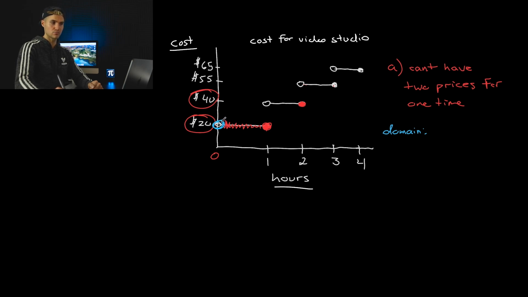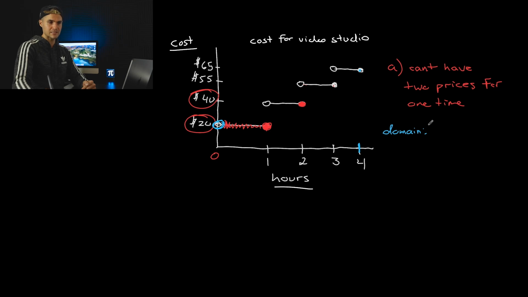So you can rent it all the way up until 4 hours. Anything above 4 hours, I guess that's the maximum for this studio. You can't rent it above that because there's no part of the graph for x values greater than 4. Or you could say t values, or whatever this variable will be. Let's just say this is x.